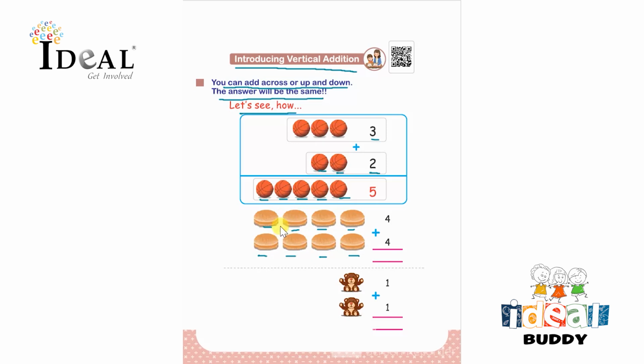So in all there are 8 buns. Here there is 1 teddy bear, and here there is another teddy bear. So 1 plus 1 makes 2.